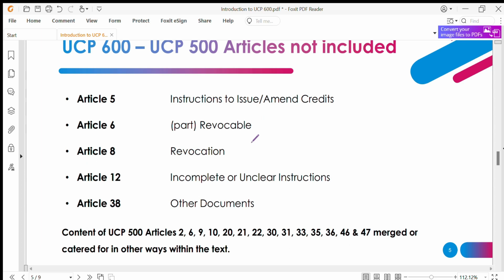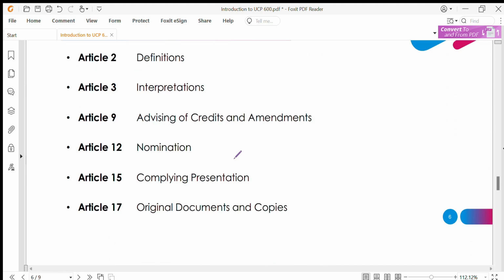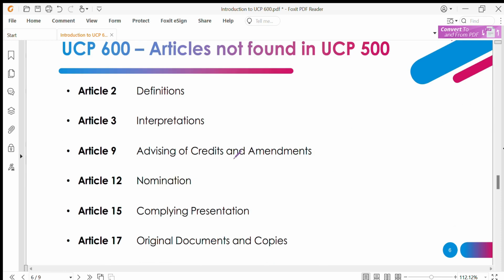Another thing you need to know is UCP 500 was a very vast document. It ranged up to about 47 to 48 articles, but UCP 600 is limited to 39 articles only.